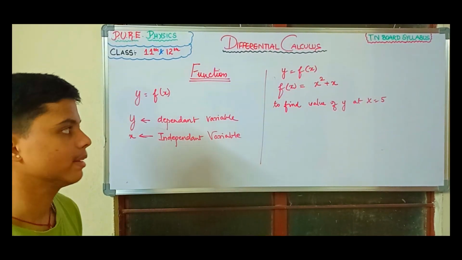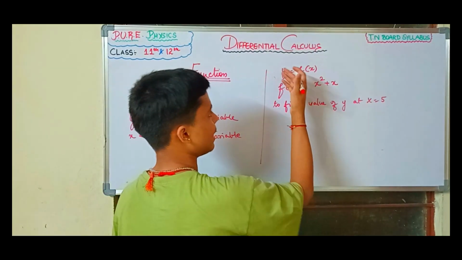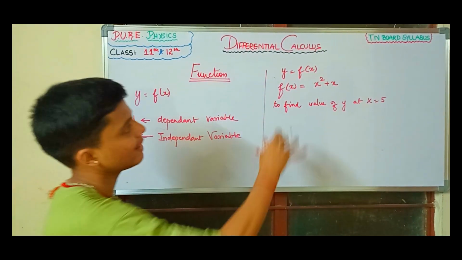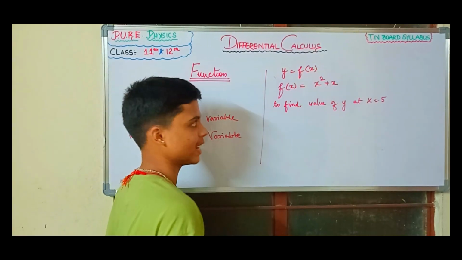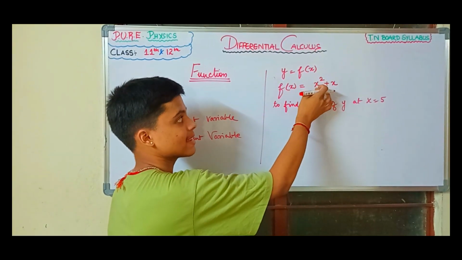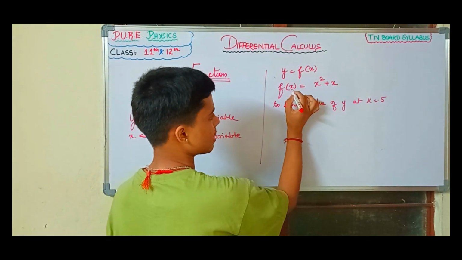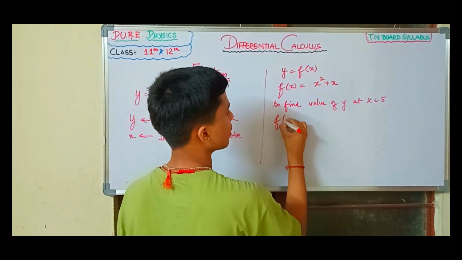How do I find y when they give the value of x equal to 5? Because I have a condition y is equal to f of x, where f of x is given as x square plus x, in the place of f of x I'm going to substitute f of 5.